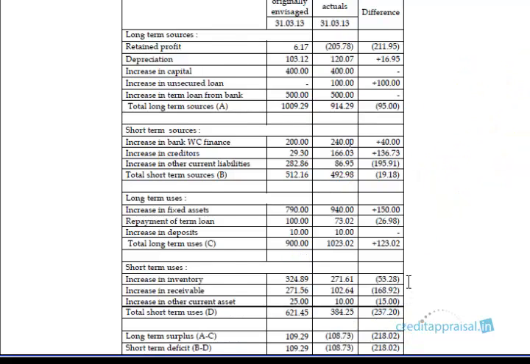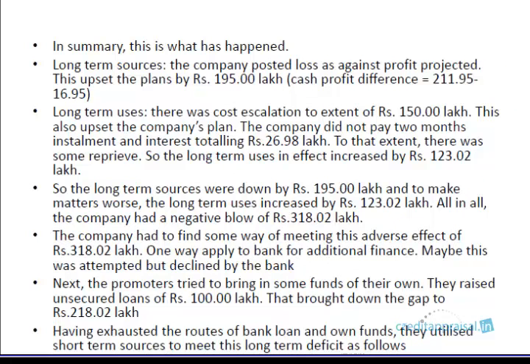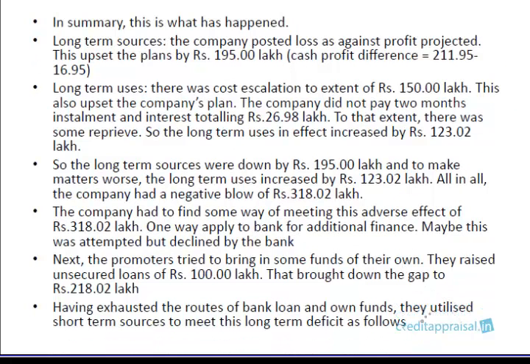Now, basically what has happened is this. If you want to summarize, originally the company has posted a loss against profit. So this upset the plans by 195 lakhs. Originally, the company thought they'll have a cash profit, whereas it has now got a loss. So the company has taken a blow on that. Then there was a cost escalation of 150 lakhs.